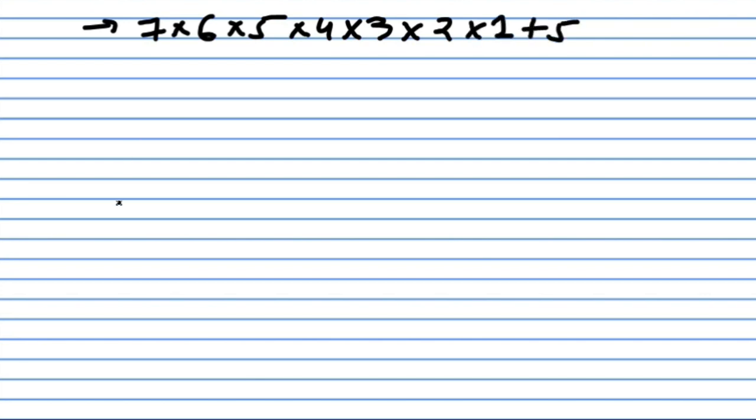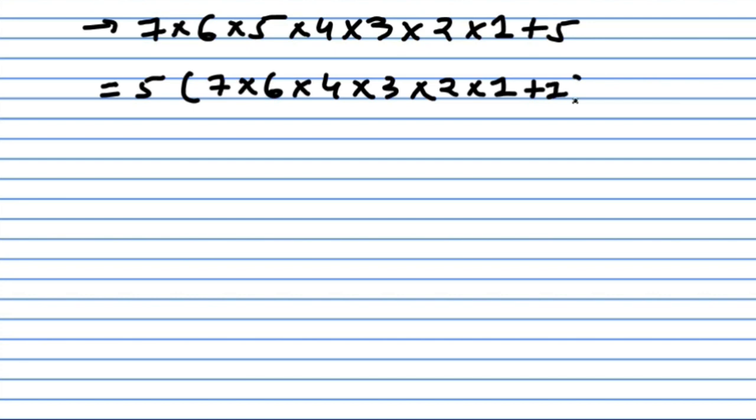Okay, so let us see the second question. The question is given like this: 7 multiplied by 6 multiplied by 5, 4, 3, 2, 1 plus 5. Here we are going to take 5 common: 5 multiplied by (7 multiplied by 6, 4, 3, 2, 1 plus 1).